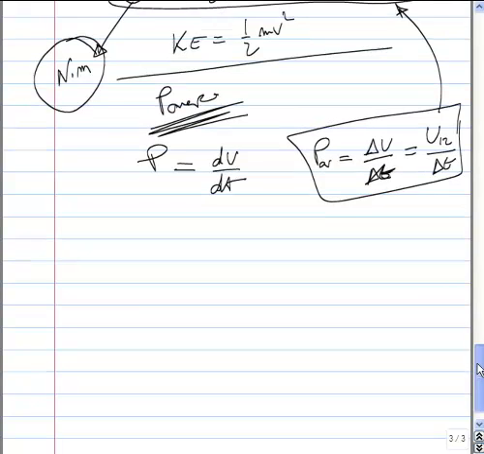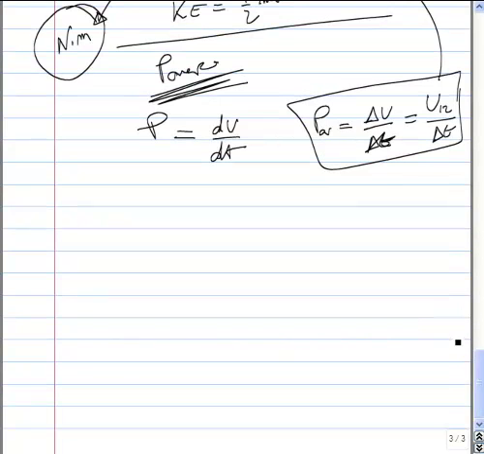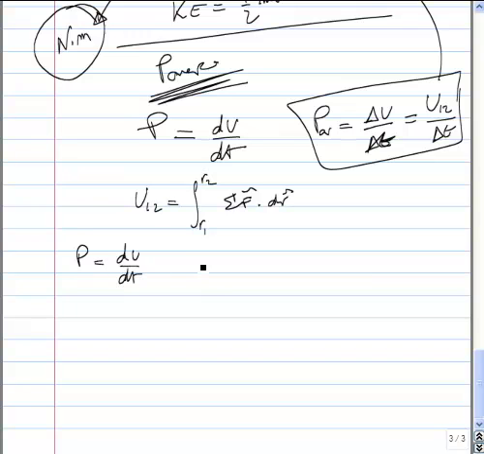So let's see if we use this definition of work with the force. We remember that the work can be defined as the integral from R1 to R2 of the sum of the forces times dr. Since P is dU dt, then you can take the derivative with respect to time of the right-hand side.